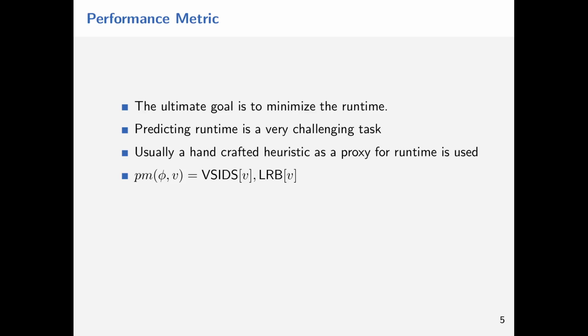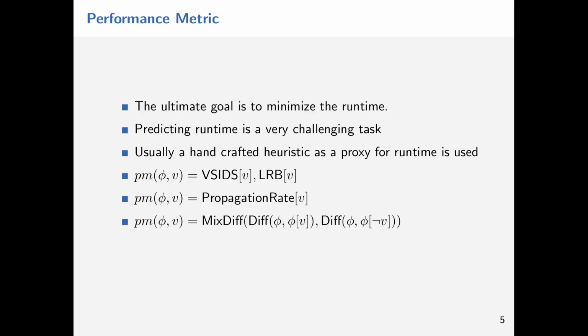minimizing the runtime. For example, in some works, the performance metric is just the activity of the variables that is generated through branching, for example, VSIDS or LRB. In other cases, the performance metric is defined by how much propagation a variable generates when it is assigned.